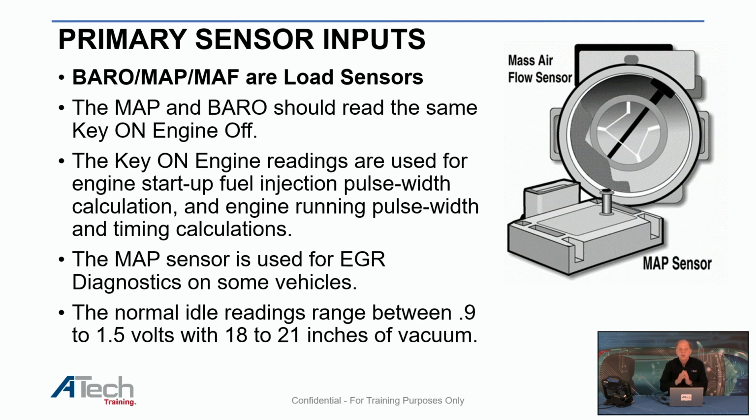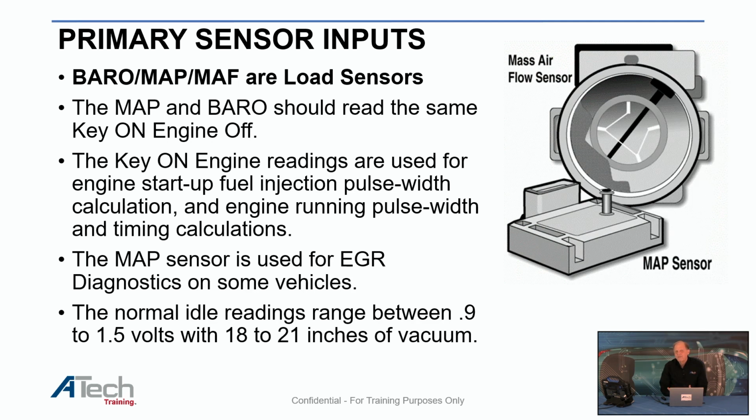So again, the key on engine off reading is used for engine startup and fuel injection. On a key startup with a cold engine, the reading will be higher, and then it will come down slowly to compensate for it. You're also looking at it for the running pulse width and timing corrections on the car. The MAP sensor also can be used for the EGR, to determine if the EGR is working properly.